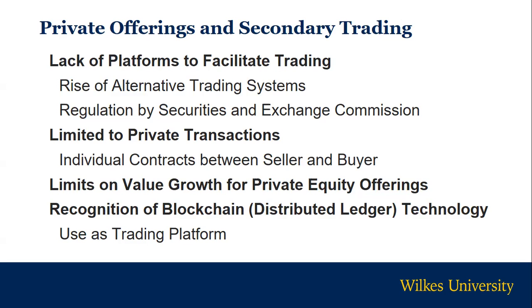regulation that's been used. Now, normally with private offerings and secondary trading, it's really private transactions. So the only way that you would be able, if you bought common stock in a private equity transaction, you would have to find basically another buyer if you wanted to sell it and enter into an individual contract with them.